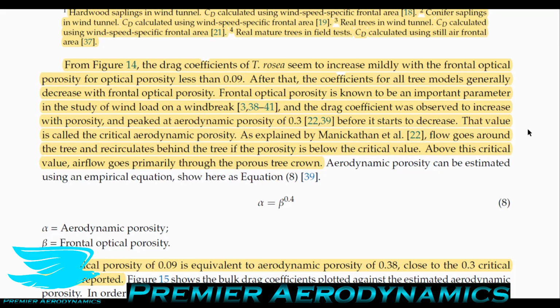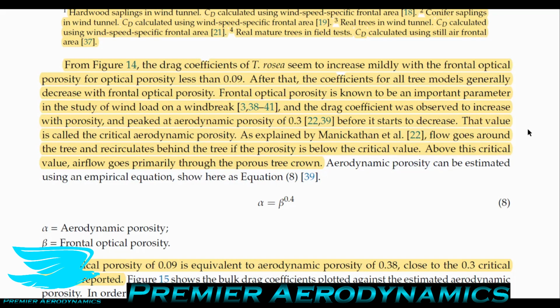After that, all the trees would reduce in drag with more optical porosity. They say frontal optical porosity is known to be an important factor in the study of wind load on windbreaking, and the drag coefficient was observed to increase with porosity and peaked at aerodynamic porosities of 0.3 before it starts to decrease.